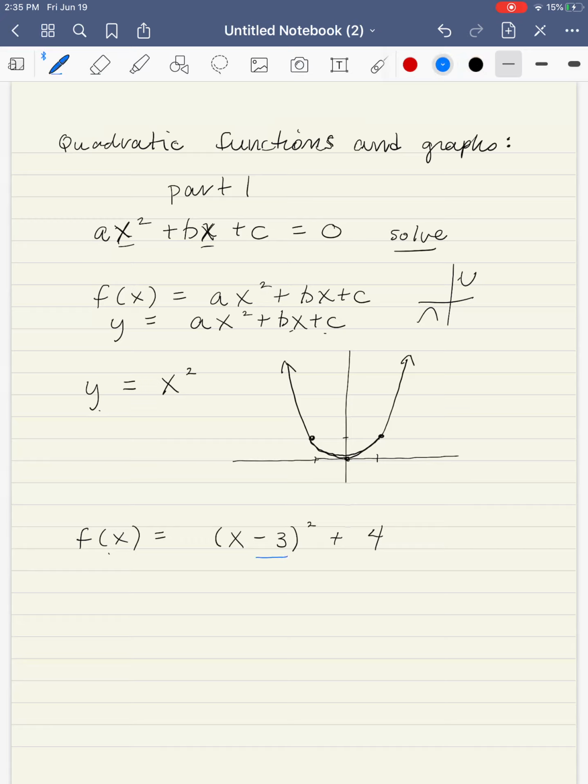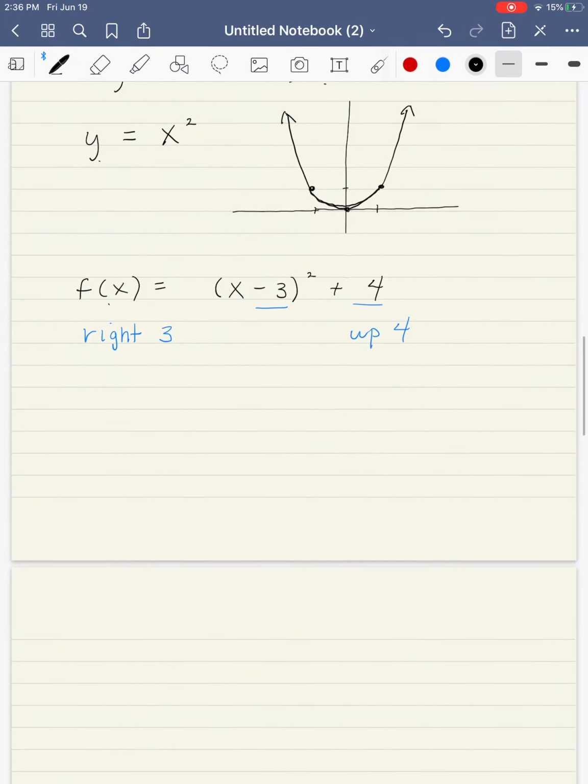All right, so we see that we have a minus 3 here inside the function, so that is going to be right 3 units. And we have a plus 4, that is going to take me up 4 units because that's outside the function, outside the square.